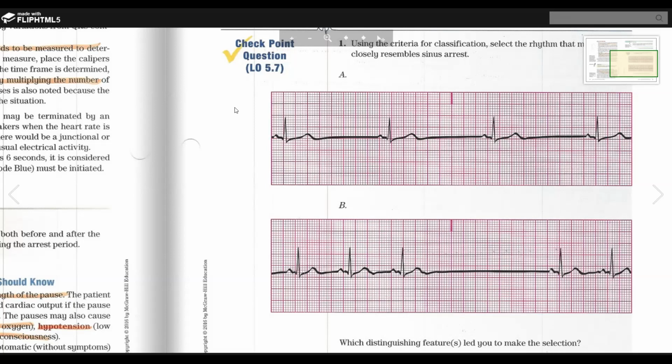You said you did it 13 times 0.02. Why 0.02 if one little square is 0.04?